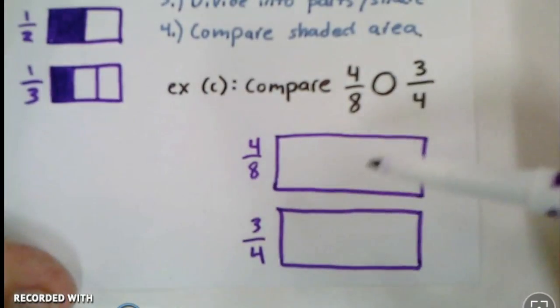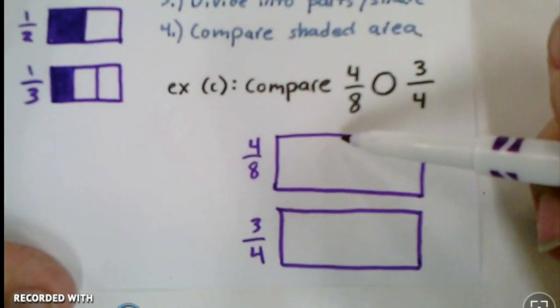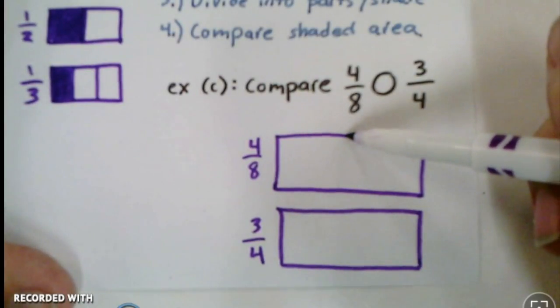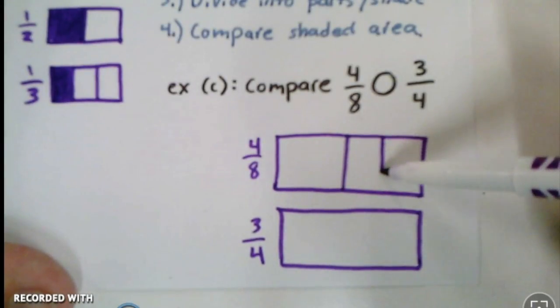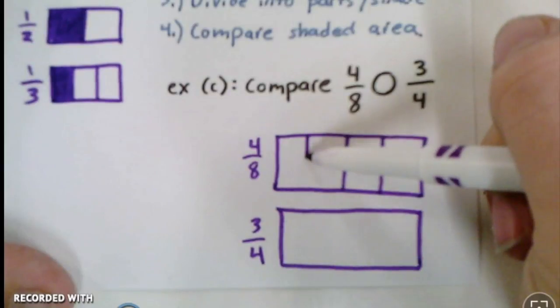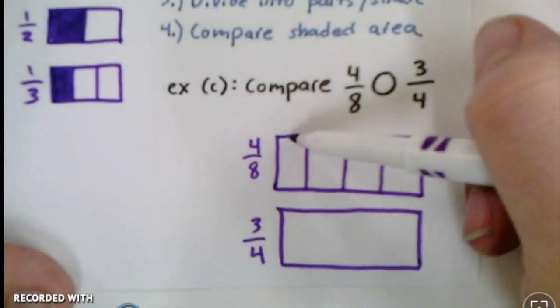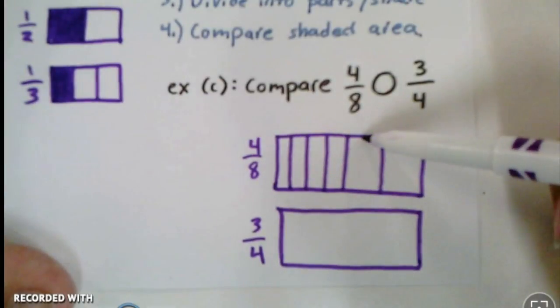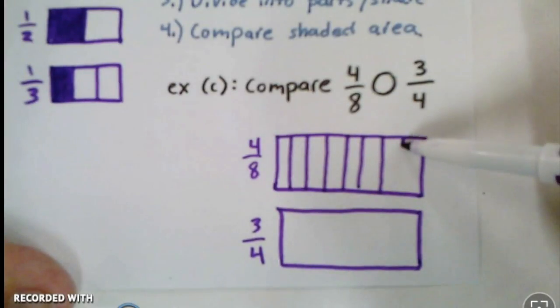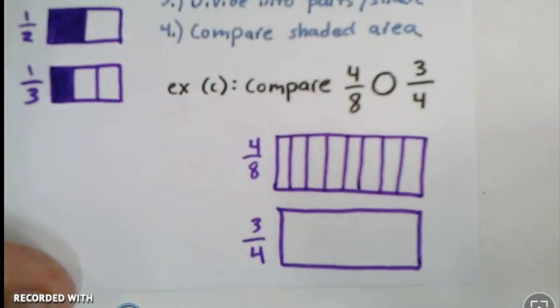So 8 is going to need 8 parts. And since it is an even number, I'm going to first do it in half, then in fourths, and then cut my fourths in half. It's not perfect, but it's close.